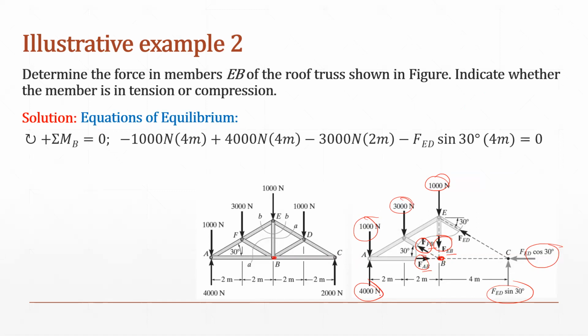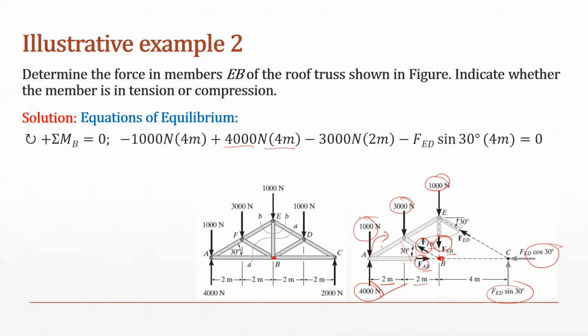Now the moment due to this vertical force, which is 4000 Newton. You can see that about point B, it will rotate like this. So 4000 multiplied by the perpendicular distance, which is 2 plus 2, so it becomes 4000 multiplied by 4 meter, and it is positive because it is creating a clockwise moment.